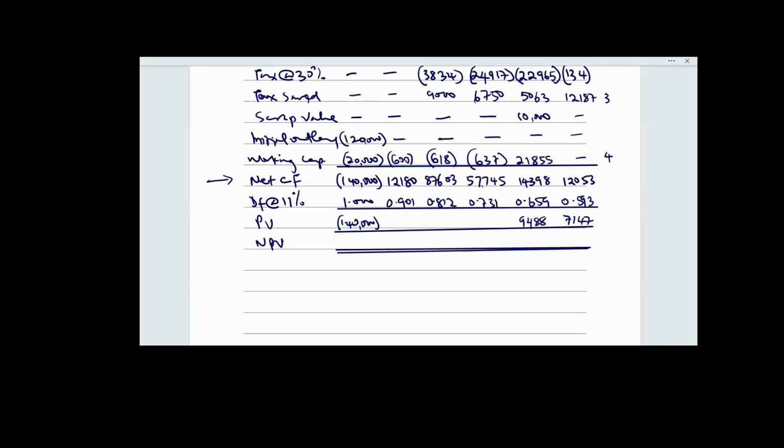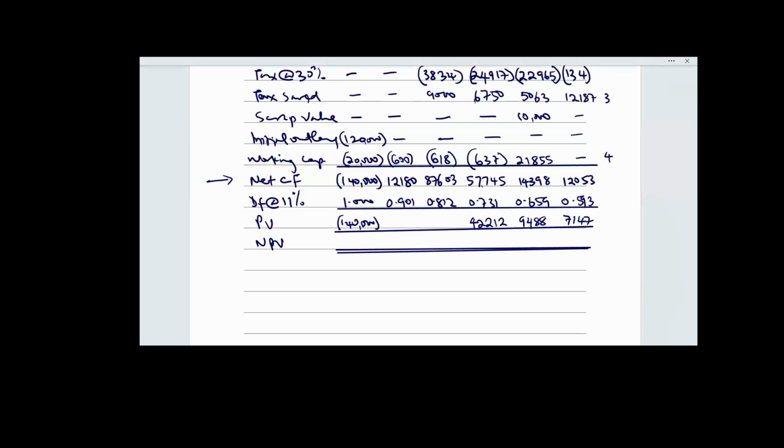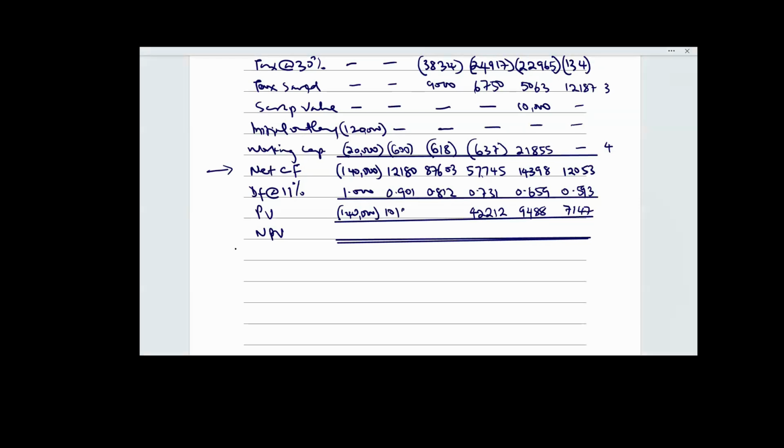Then 57,745 multiplied by 0.731 equals 42,212. Then 10,974. For the second year, 87,603 multiplied by 0.812 equals 71,134.